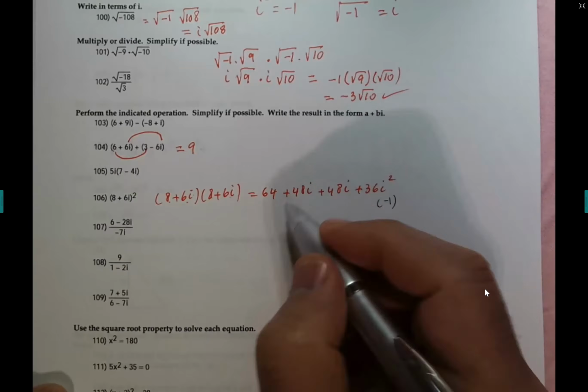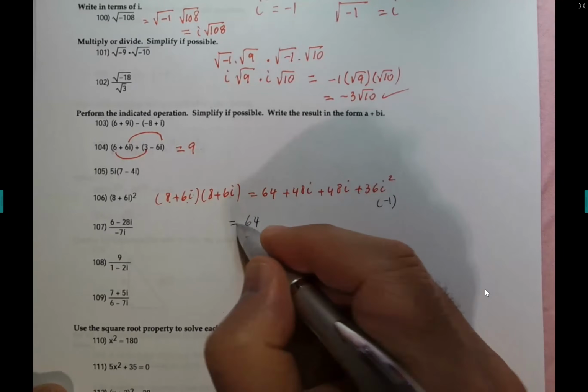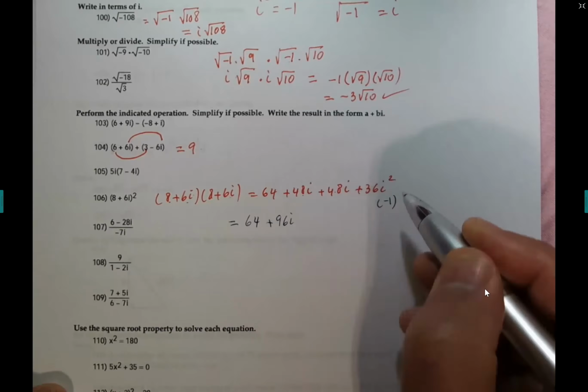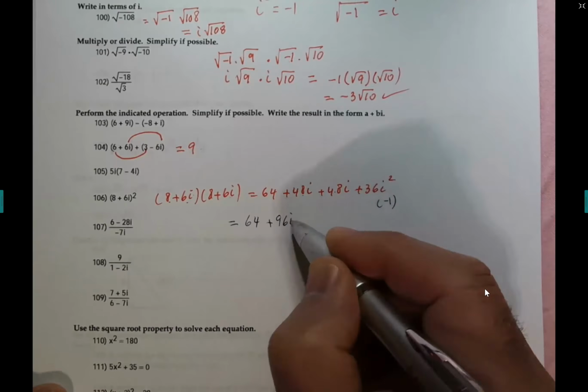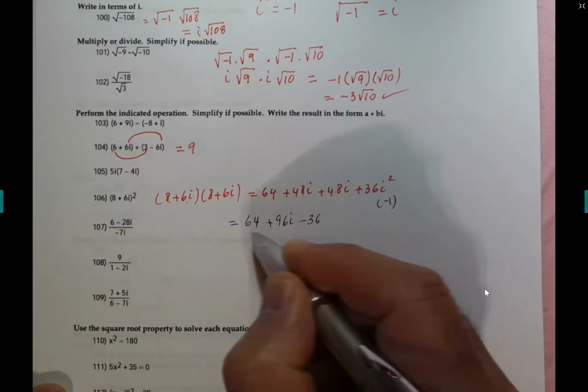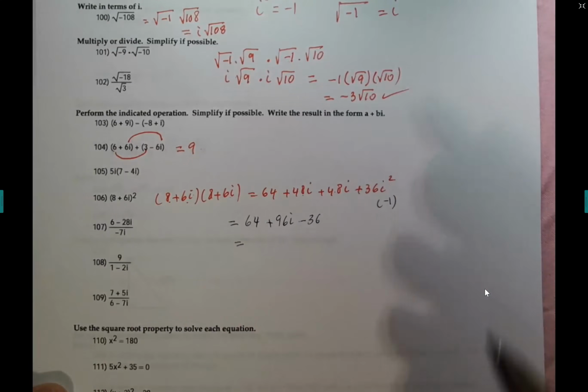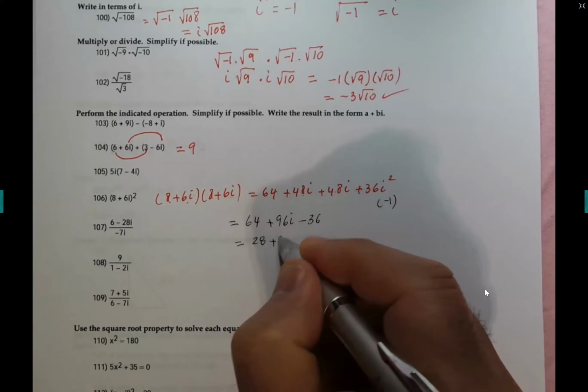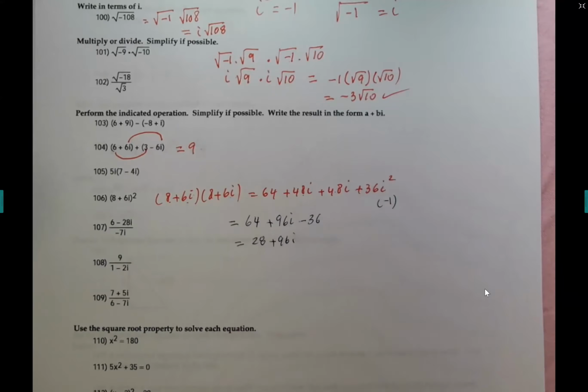So you get 64. 48i plus 48i is 96i. And 36 times -1 is -36. So just subtract 64 minus 36 will be what? 28 plus 96i. And actually, if you set up your calculator to complex mode, you can do all those operations and then you get the answer.